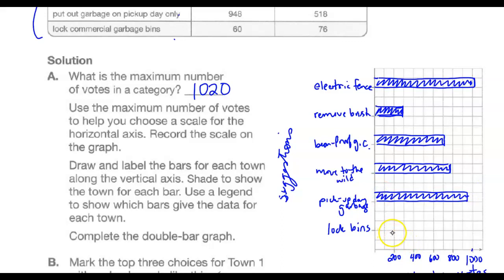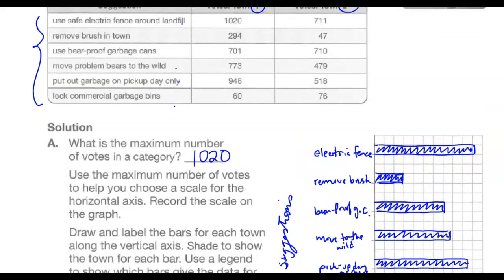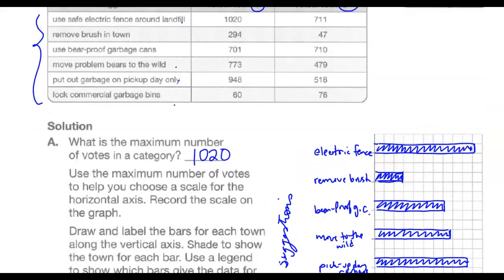And 60 for locking the bins. So that's 100, so a little bit more than half. It's going to be like that. Then I'll switch to red. 711.